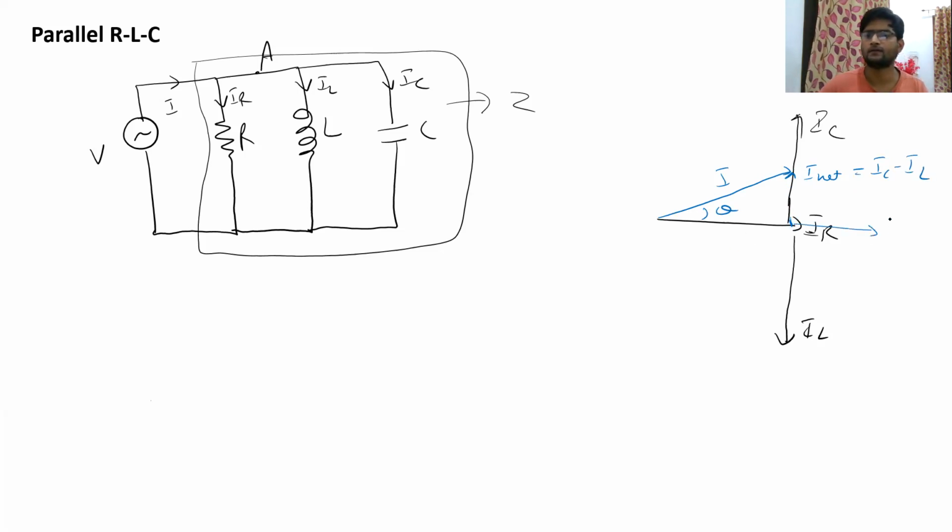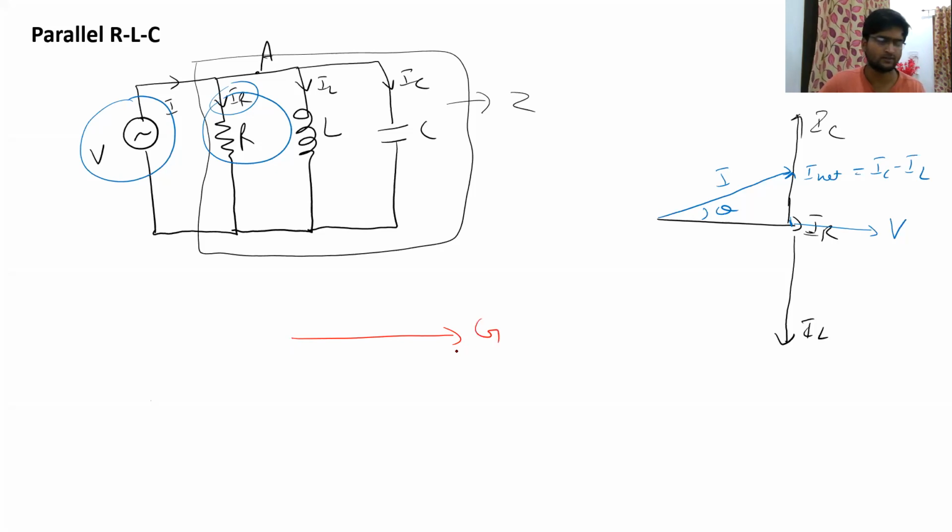And we will also have the same phase as IR because this V is directly in parallel to R, and we know that the voltage drop across R has the same phase as the current flowing through it. So IR and V should be of the same phase. Similarly, the phasor of the admittance function will also be like that.